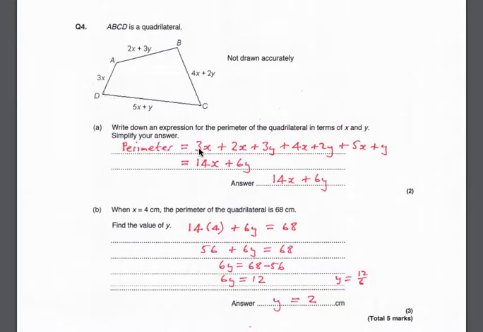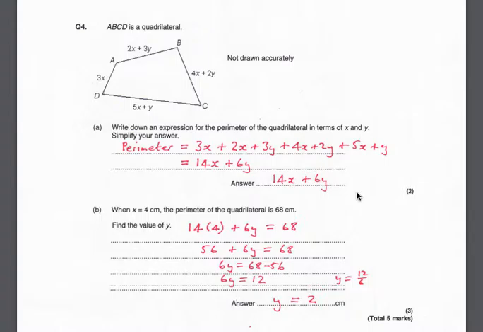Collect the x's together. 3x plus 2x is 5x, plus 4x is 9x, plus 5x is 14x. Collect the y's together. Plus 3y plus 2y is plus 5y, plus y is plus 6y. So the expression we require is 14x plus 6y.